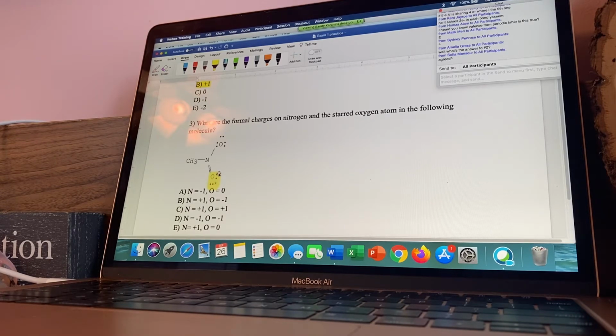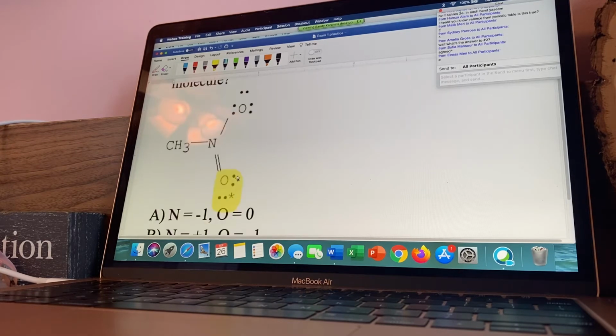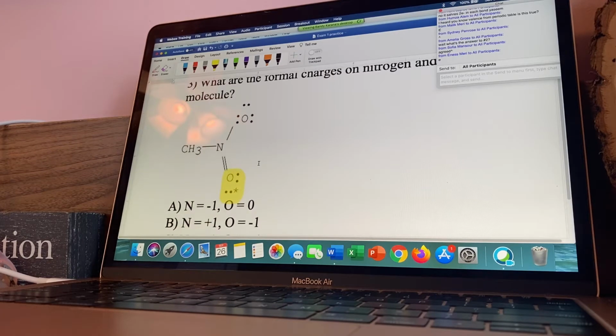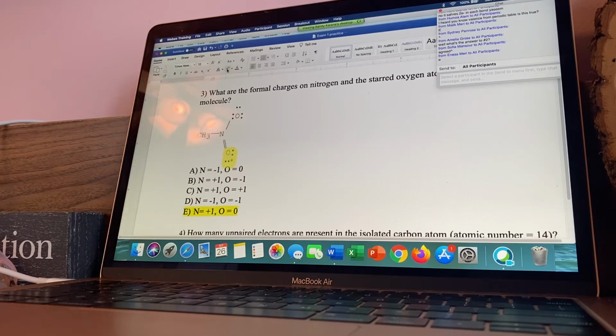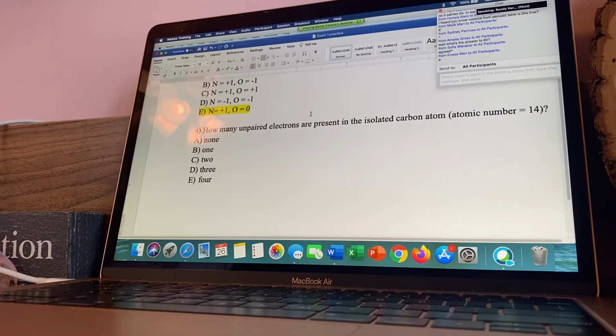That's very characteristic of it having a formal charge of 0. And if you wanted to do it out, you could say oxygen has 6 minus 2 using the double bond, and then minus 4 electrons. 6 minus 4 minus 2 is going to be 0. Any questions on that? All good? Okay. Try this one.